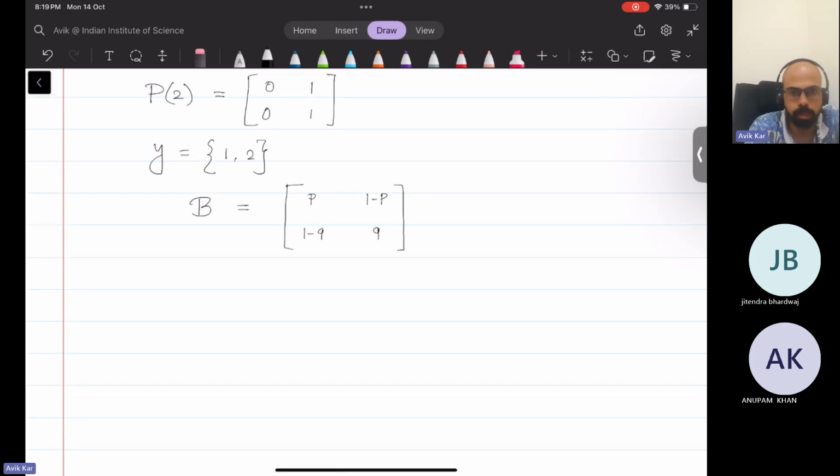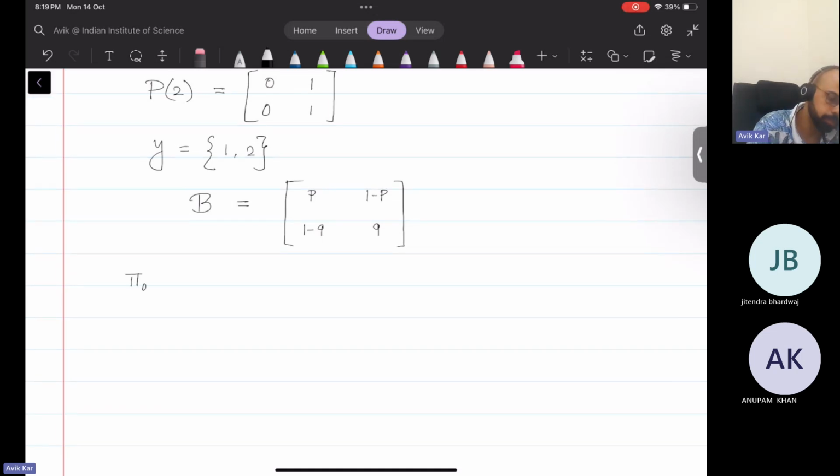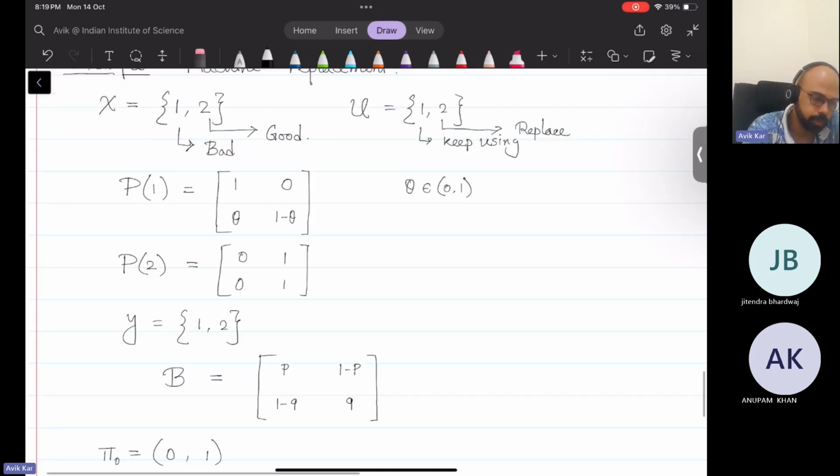So here, say your initial distribution is that the machine is in good state. And then, whatever we have discussed today, you can compute its belief state using this formula.